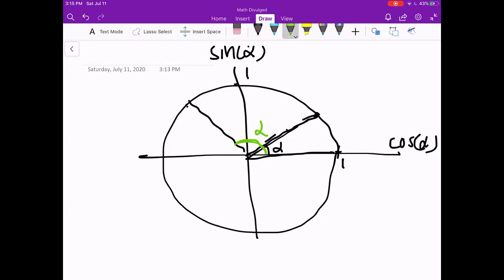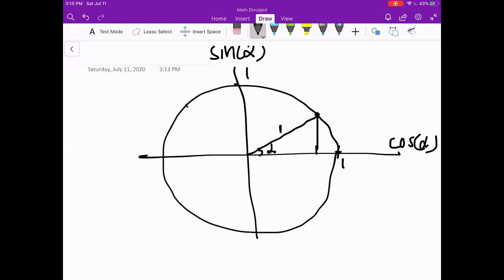Let me go ahead and erase these. Let's say we have this right triangle, and that means this hypotenuse is equal to 1, since it's essentially a radius of the unit circle, which has radius 1. And this is alpha.